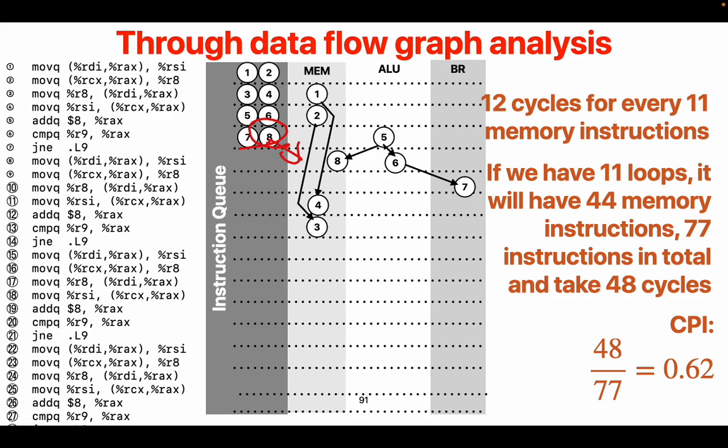How about instruction 9? After 8, because instruction 9 only depends on 5. How about instruction 10? It's 5 cycles after 9, so that data dependency is true, and we still have to wait.